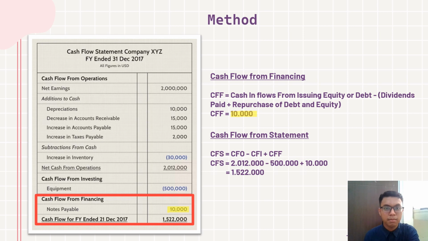This is interpreted as cash flow statement equals cash flow from operation minus cash flow from investing plus cash flow from financing. 2,012,000 minus 500,000 plus 10,000 equals 1,522,000.